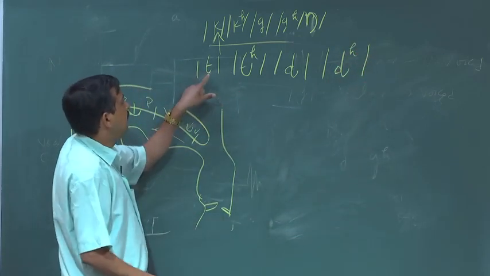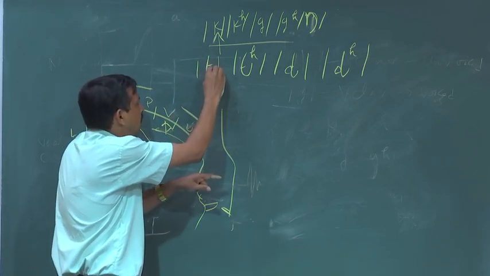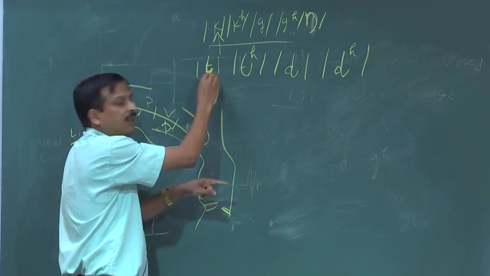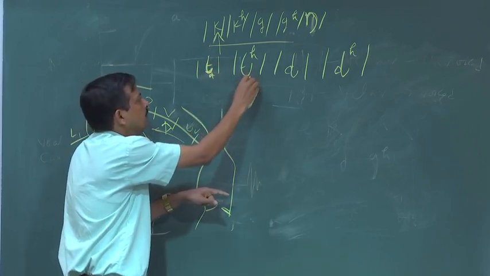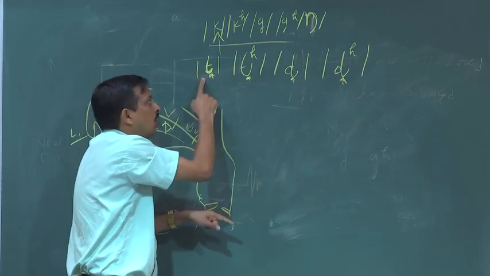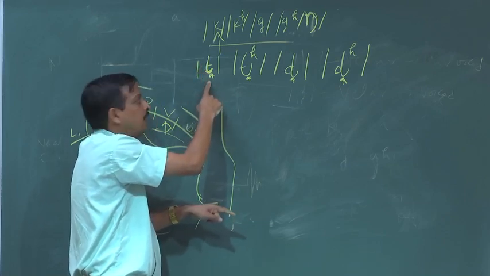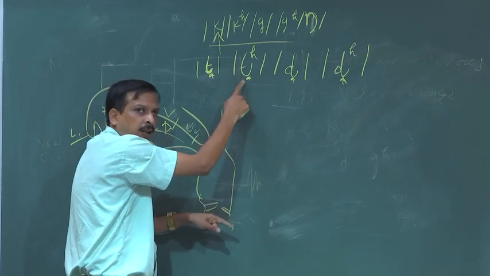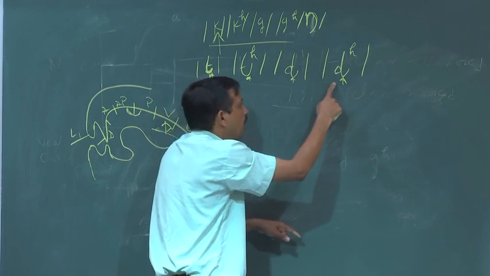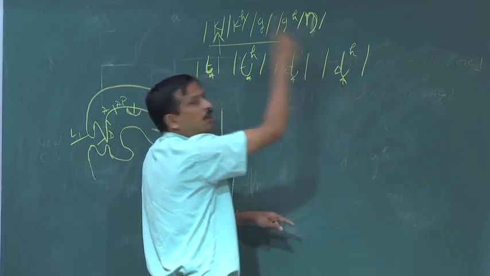What is there? Retroflex sound: writing ta is similar, but this bottom curl back is the symbol of retroflex. So, it is nothing but ta: unvoiced unaspirated retroflex, unvoiced aspirated retroflex, voiced unaspirated retroflex, voiced aspirated retroflex: ta, tha, da, dha.